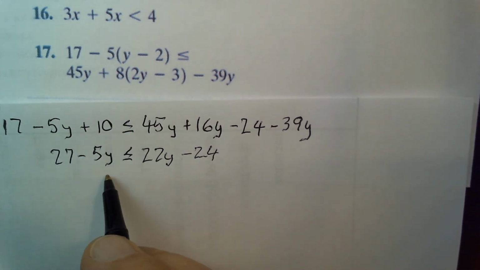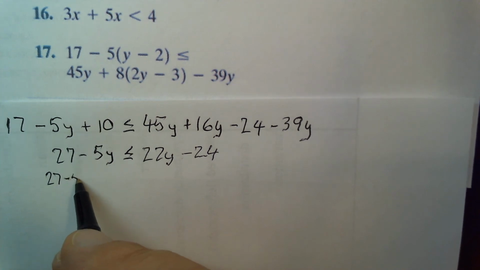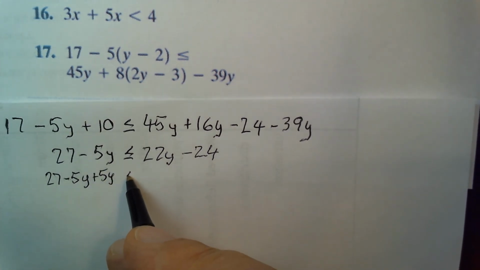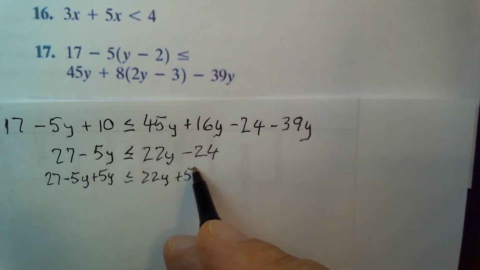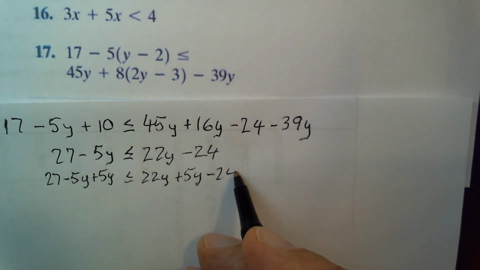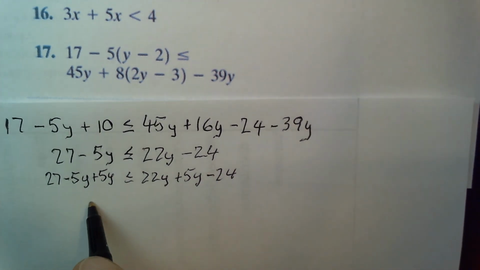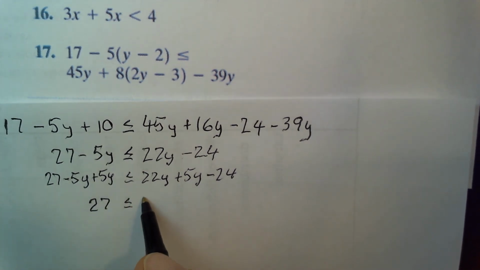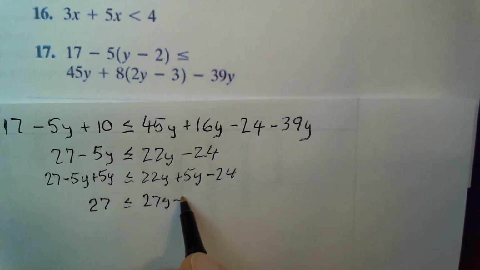And now when we add 5y to both sides, we have 27 minus 5y plus 5y less than or equal to 22y plus 5y minus 24. So we have on the left side only 27, less than or equal to 27y minus 24.